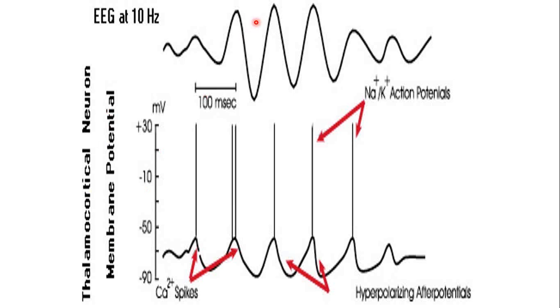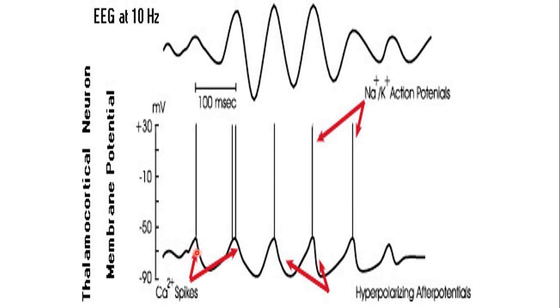Clarification: just to make sure I understand, we are talking about thalamic electrical inputs, nerve signals, neurons? Yes. So to record something like this, you'd have to have a wire inside the cell and a wire outside the cell to see what's happening. And when we do that, when we find the right neurons, we see that they oscillate at the same frequency as the EEG. You see it down here?